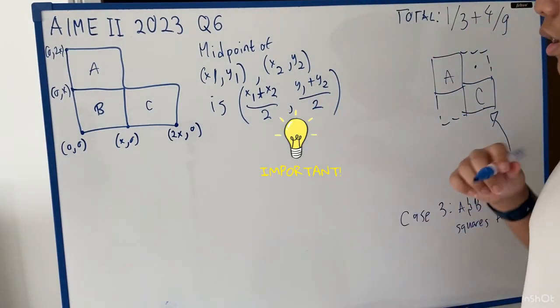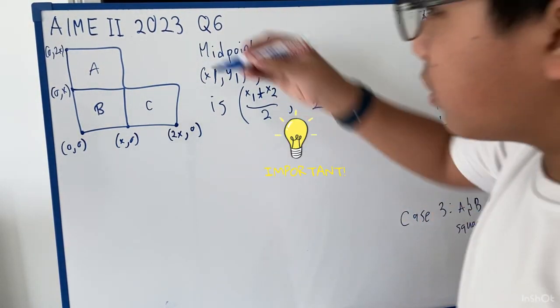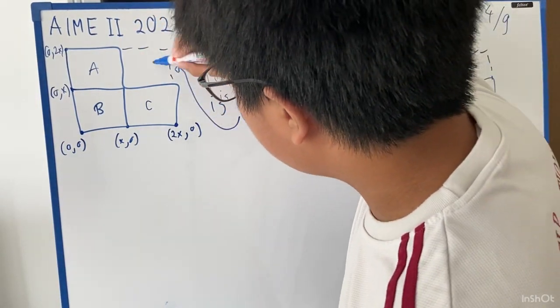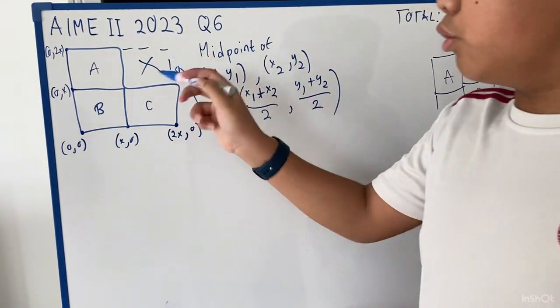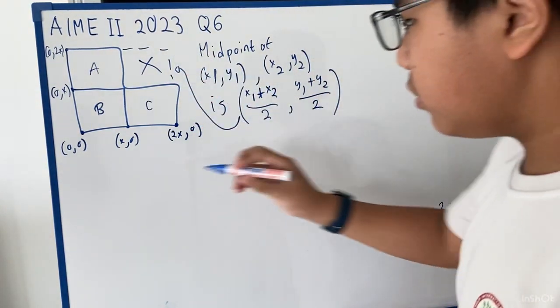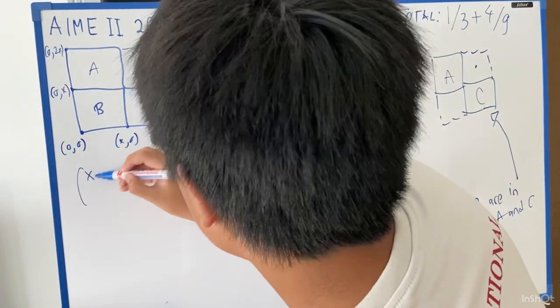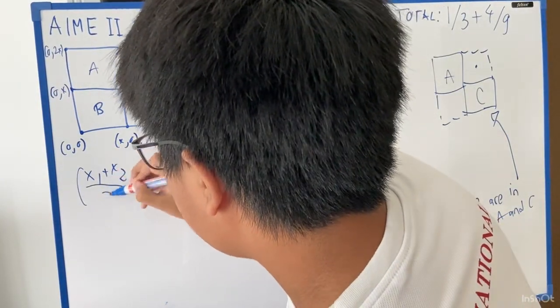Sorry, that's my dog. Okay, so therefore we need to make sure that this point does not go to this. So therefore, let me just write that down real quick.